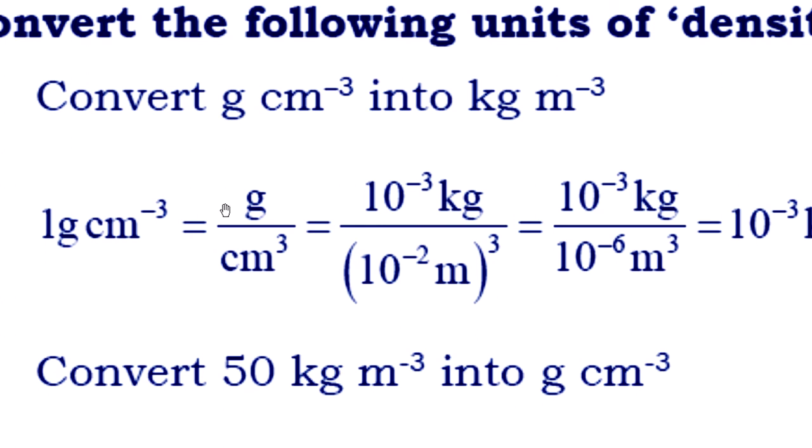So here gram centimeter to the power of -3 means 1 gram, we can take in front of it, there is no coefficient. We can keep 1. 1 gram per centimeter cube equal to, this can be written as gram by centimeter to the power of -3. We can take it down, then the exponent will become positive, centimeter cube.